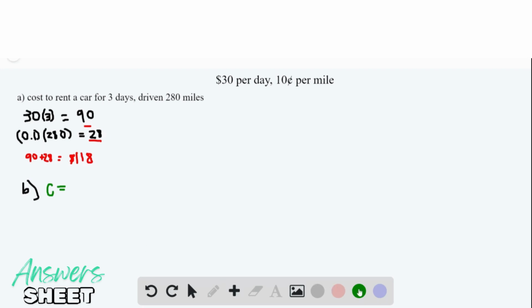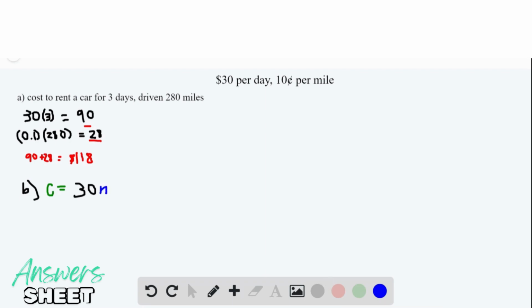So like we said, the day section is going to be $30 times the number of days that we rent the car, which according to the problem is going to be represented by a variable n.